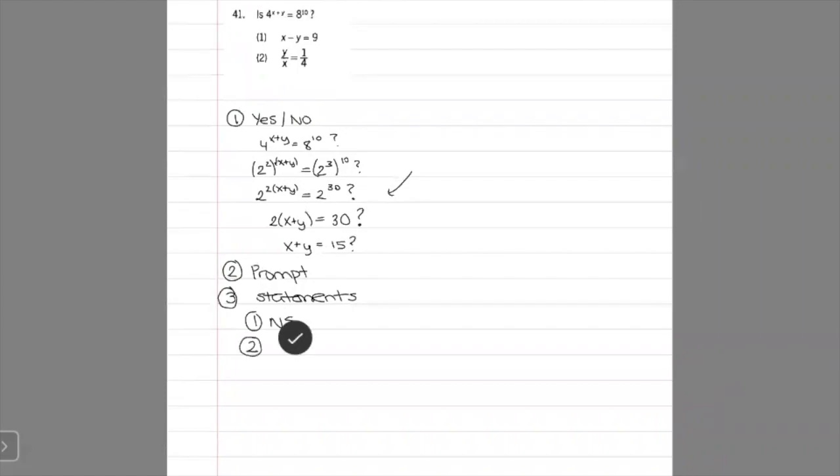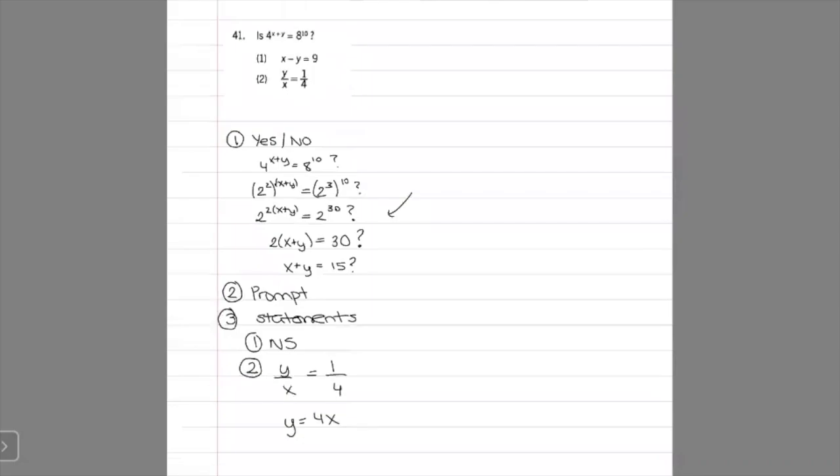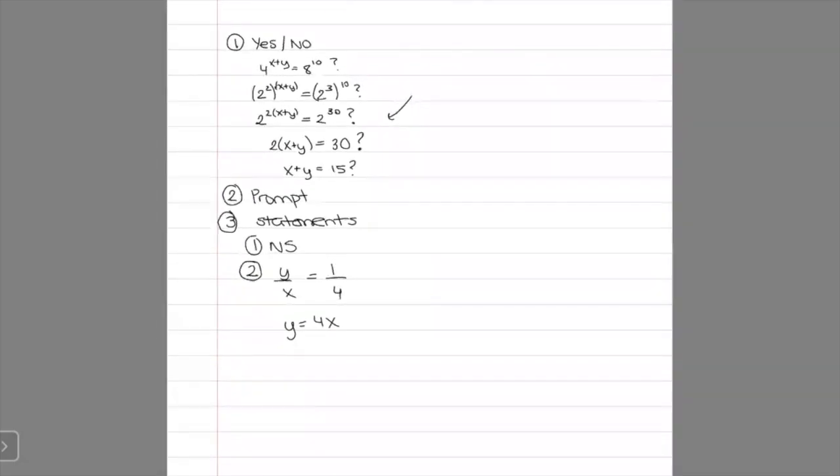Then if instead we look at statement 2, that one is telling you y over x is equal to 1/4. That one also is going to give us a relationship between y and x, but that's not going to be sufficient either. We're going to be able to rewrite x plus y using just one variable, but it's really not going to change anything. So all you can do with this is insert it back into the question.